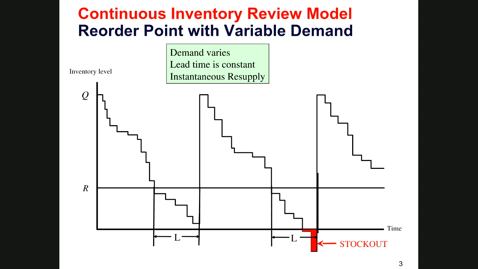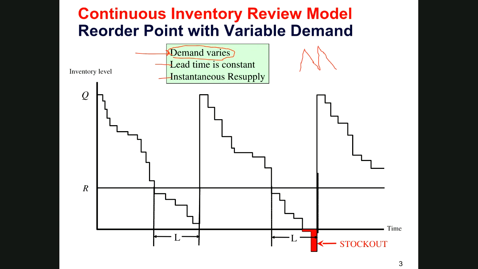Remember, the only thing we're changing is that the demand is variable. Everything else remains the same as with the EOQ model. The lead time is constant. There's instantaneous resupply of 100% of what we ordered. The only thing that we don't know is the demand, and that's shown in this graph. Remember, in our EOQ model, it's a sawtooth model with instantaneous resupply and then linear depletion until we reach zero.